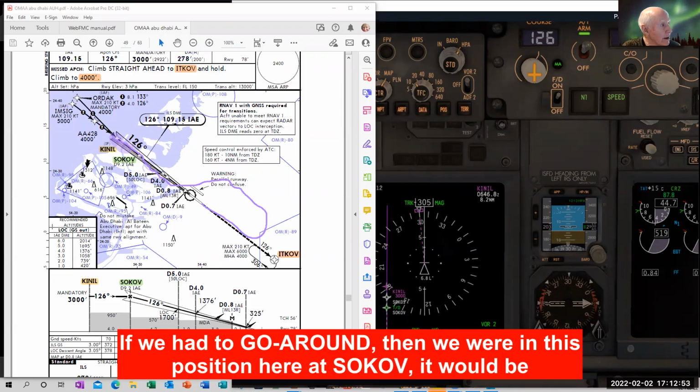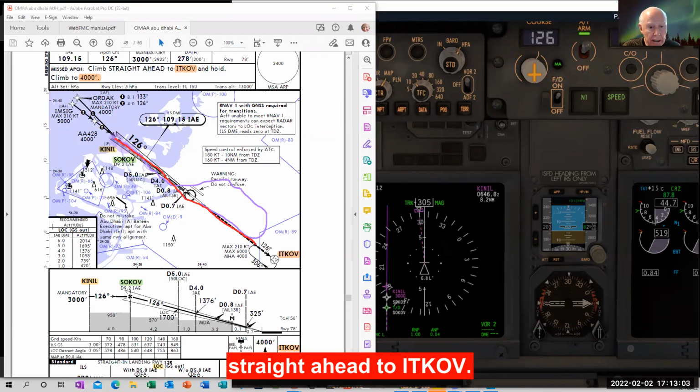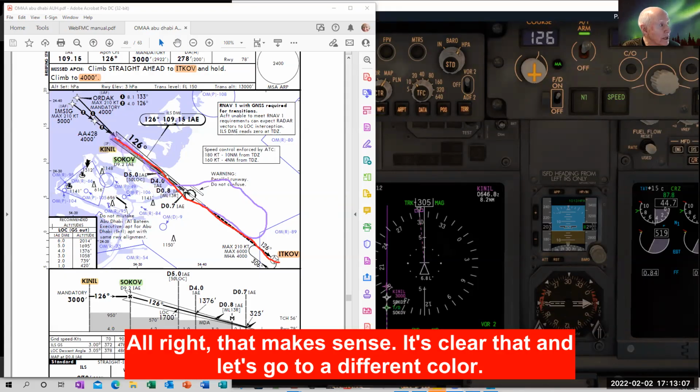If we had to go around and we were in this position here at Sokof, it would be straight ahead to Itkoff. All right, that makes sense.